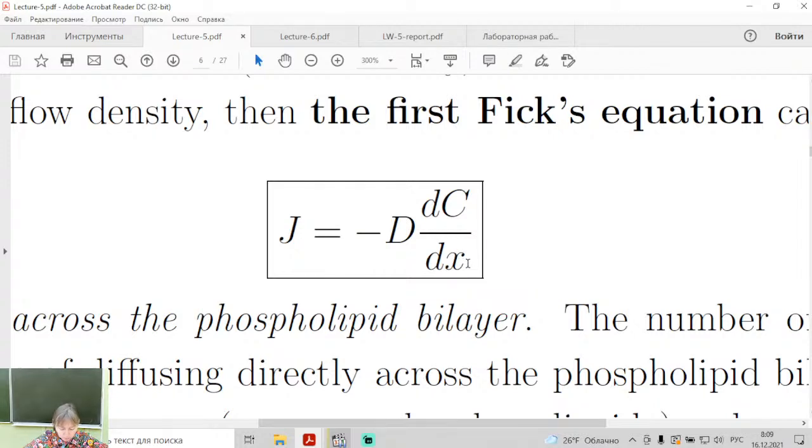Diffusion through pores. Diffusion of most substances across the membrane is effected through specialized membrane formations known as pores or channels. They are formed from integral proteins. Diffusion of water, some simple organic compounds, and ions occurs through the pores.